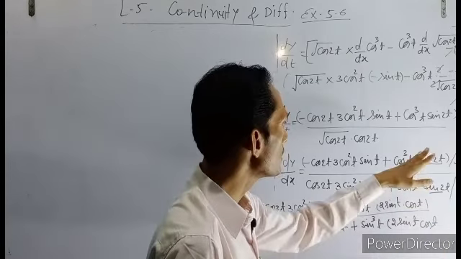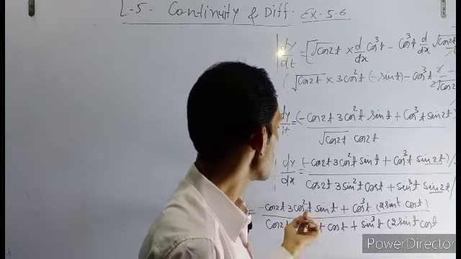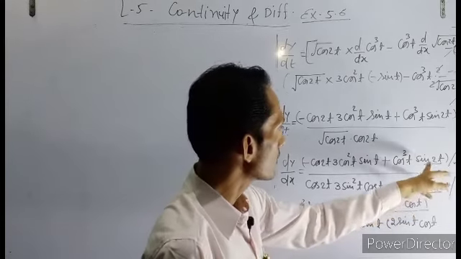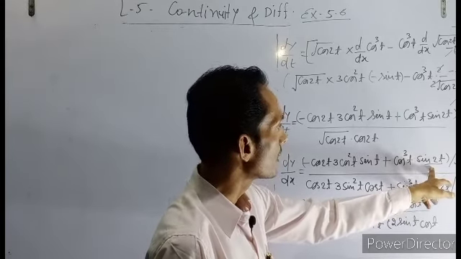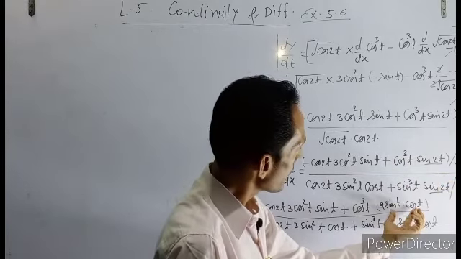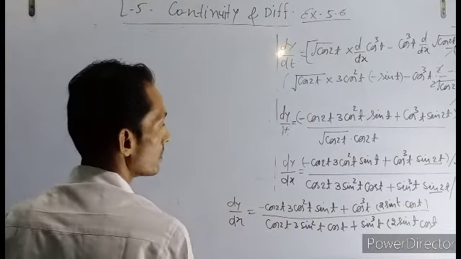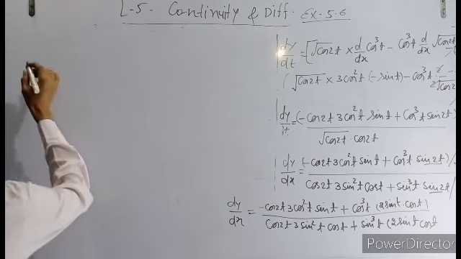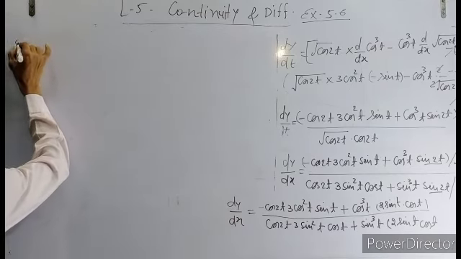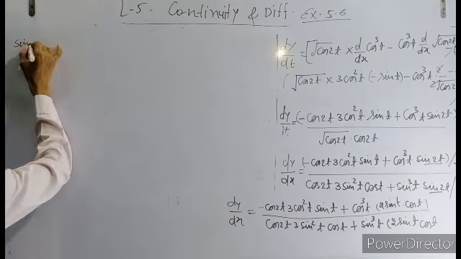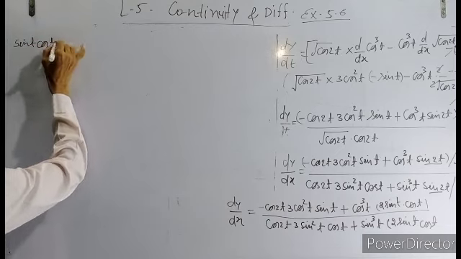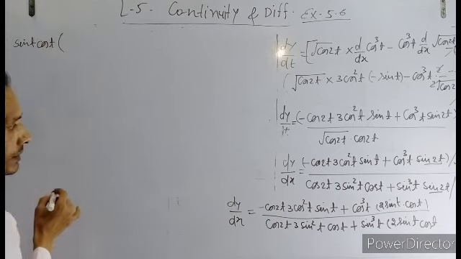Why did we put sin 2t? Since sin t cos t is here, we can make it here also, so we have opened this identity. Now take the common in numerator and denominator both. Sin t cos t taken outside, what will remain here?